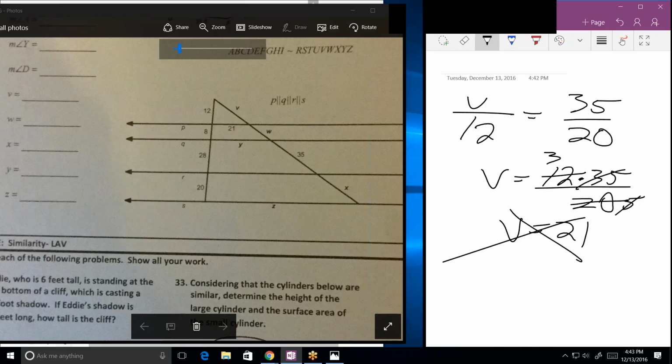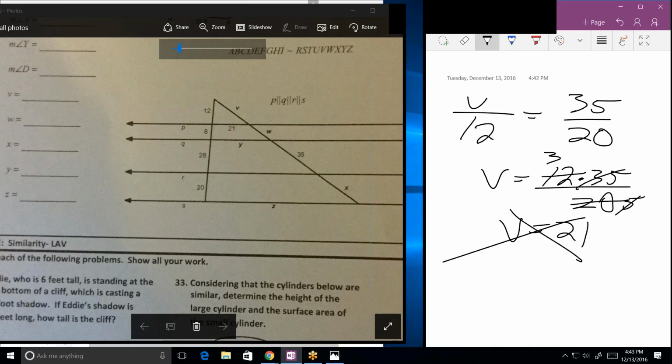If you're going to compare ratios between similar triangles, then you have to compare the same side to the comparable side. That's the key.